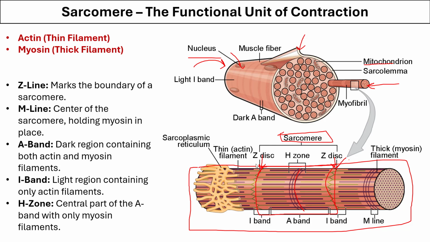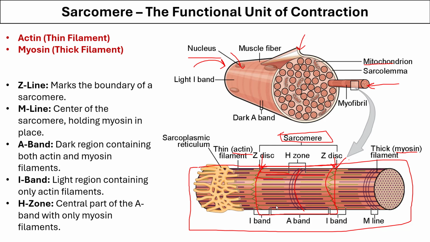The M line is the midpoint and Z discs are the edges. Attached to the midline are the thick filaments, which are made up of myosin protein. Extending from the Z disc are thin filaments, and these thin filaments are made up of actin proteins.